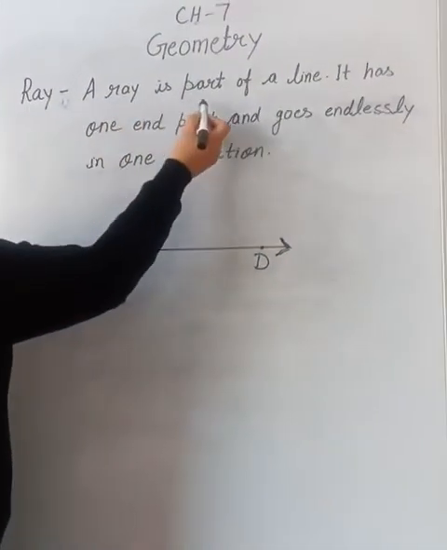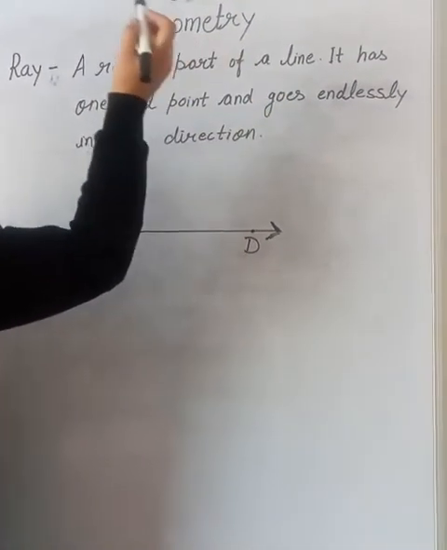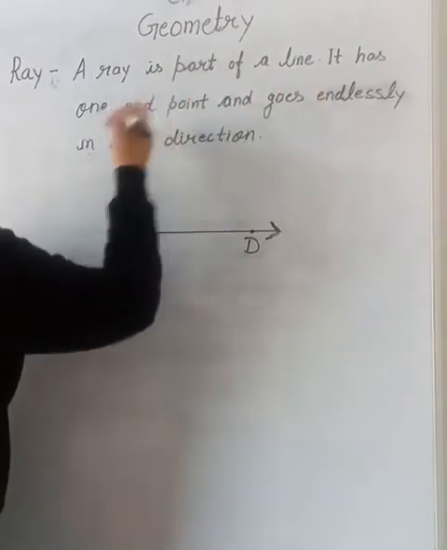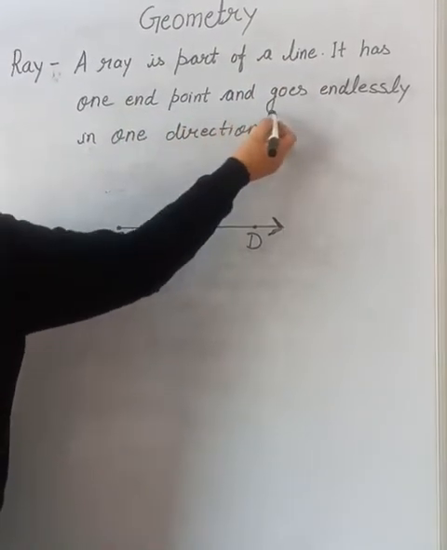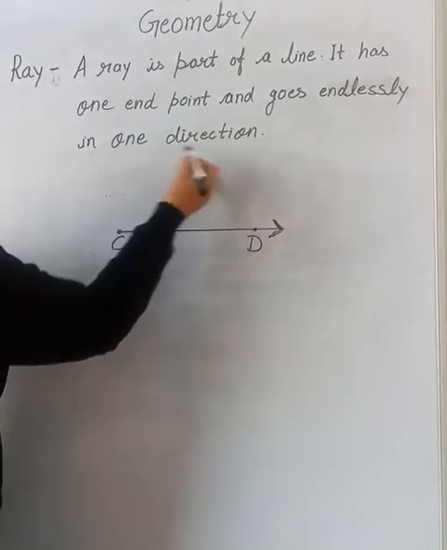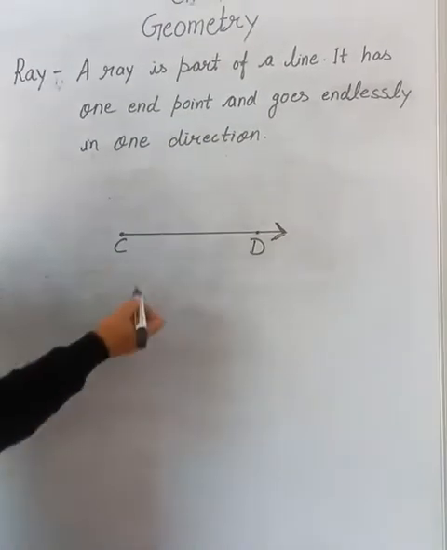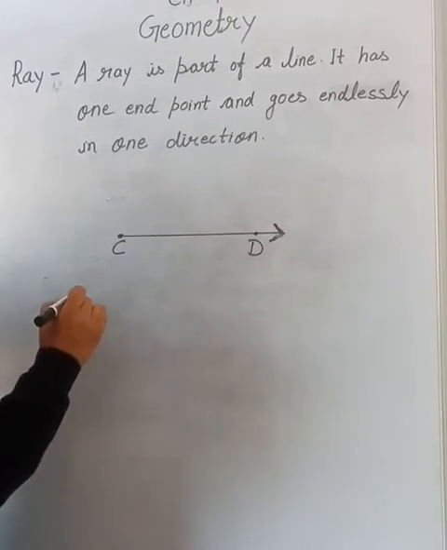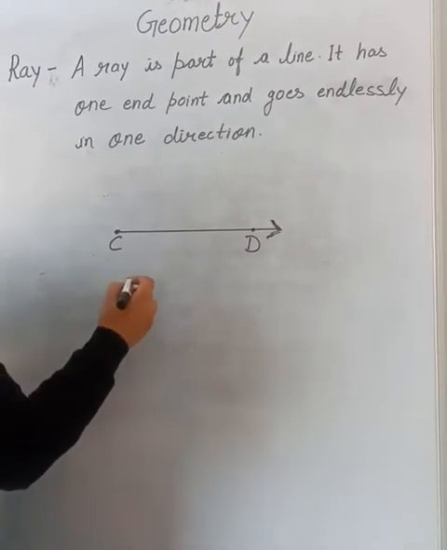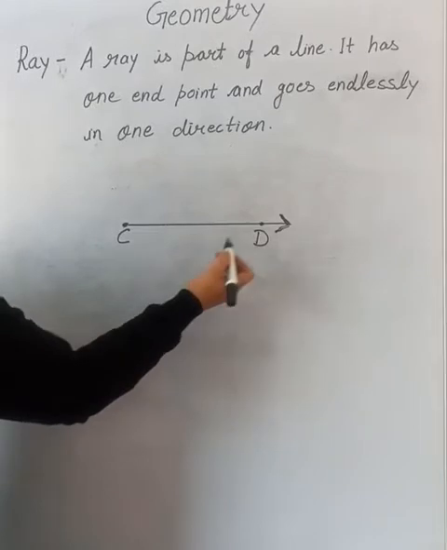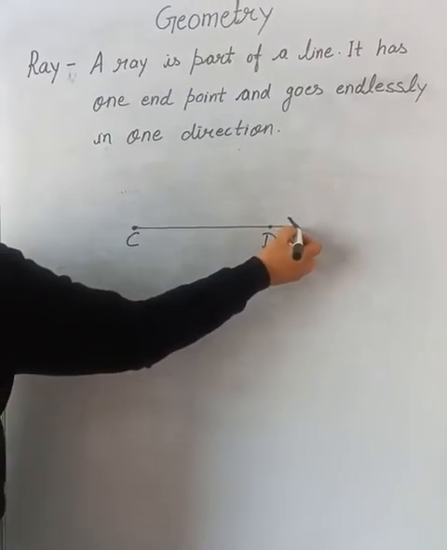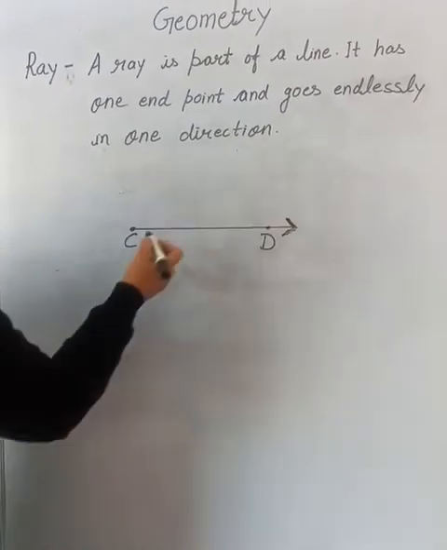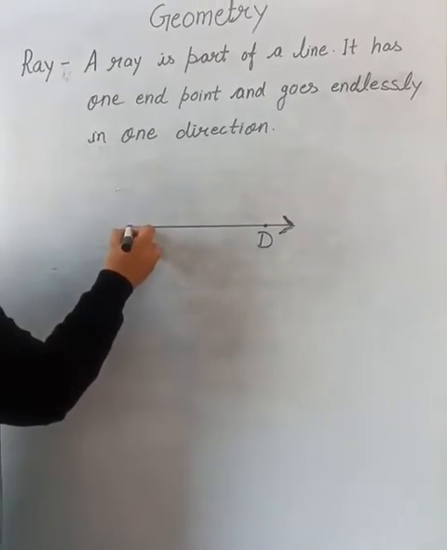A ray is part of a line. It has one end point and goes endlessly in one direction. So this is the ray, one side arrow and one end point. A ray is represented by an arrowhead on one side and a point on the other side.